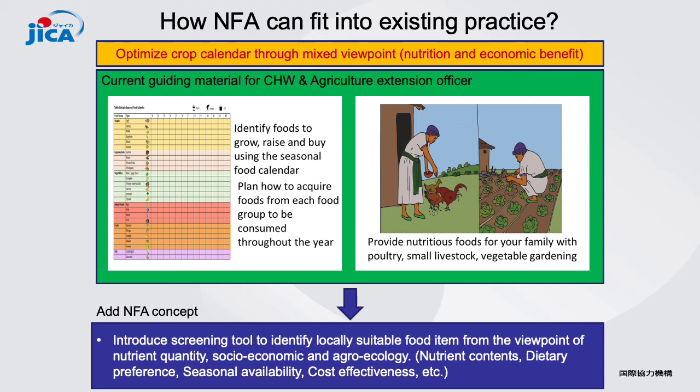So if we have a combination of crops in the table, we can also identify how much nutrient can be supplied through specific cropping pattern for each month. So through this process, we can evaluate different types of crop combination from the viewpoint of workload, productivity, economic benefit, and nutrition benefit. That is the idea of a nutrition-sensitive crop calendar. So yeah, this is another proposal of application of nutrient-focused approach.